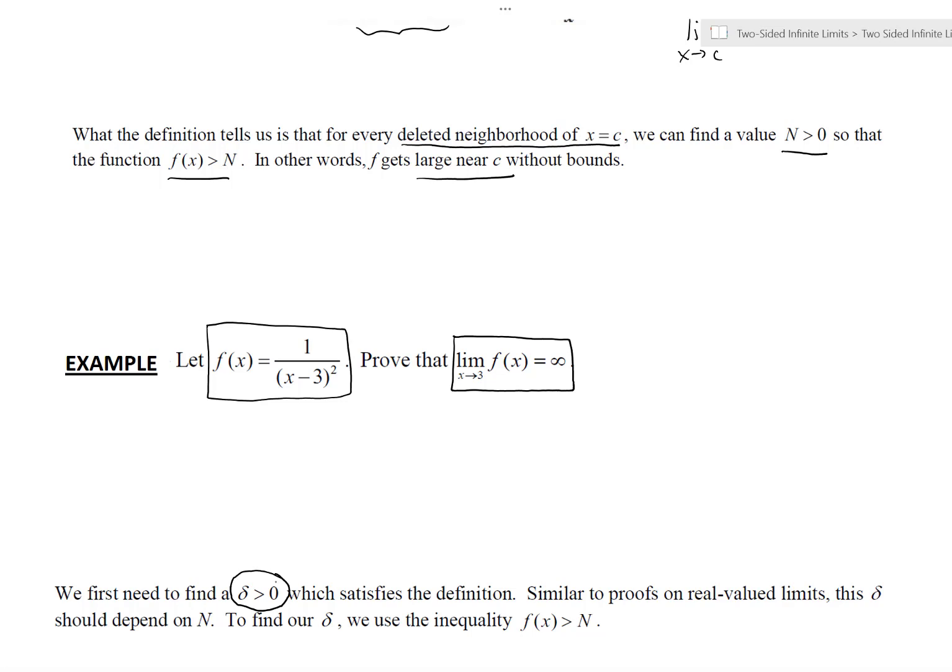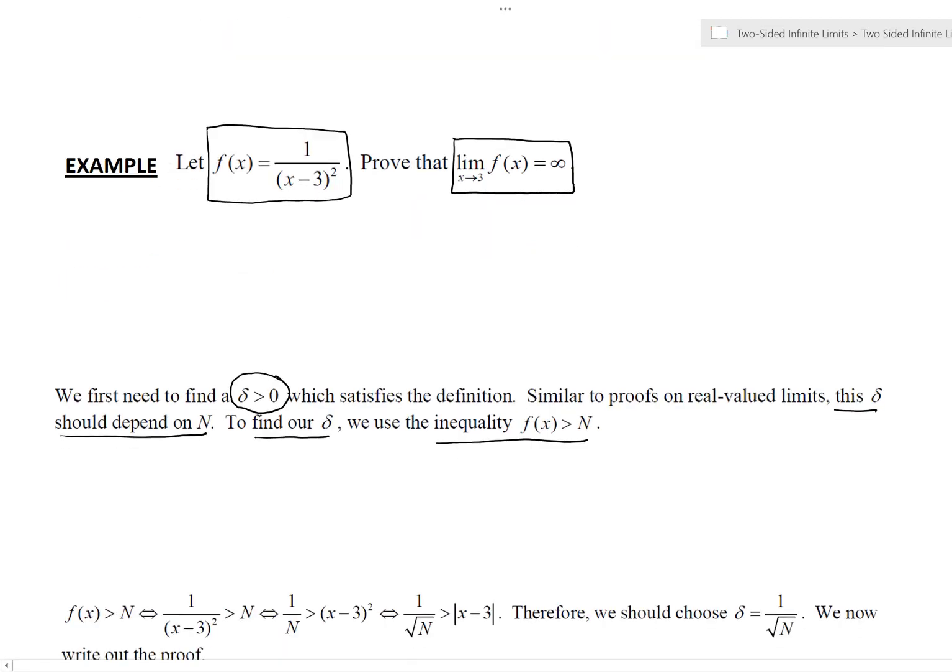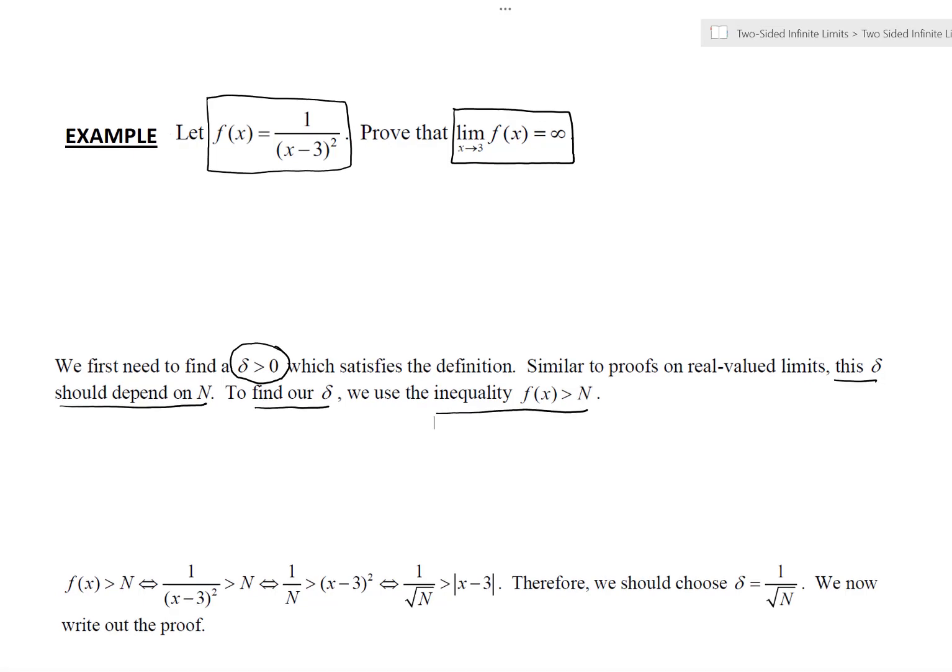And hence, there's got to be this relationship between delta and n, similar to how there would be a relationship with delta and epsilon in the real valued number limit case. So, in order to find this delta, we're just going to solve the inequality f of x bigger than n, because that has got to be something that always happens regardless of this relationship that we have between delta and n. All right, so we go ahead and solve that.